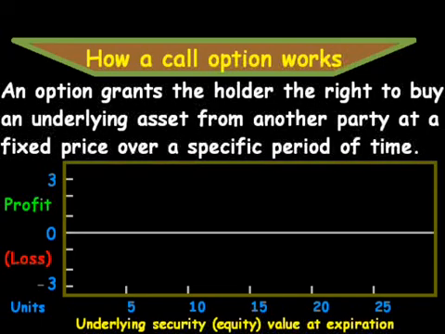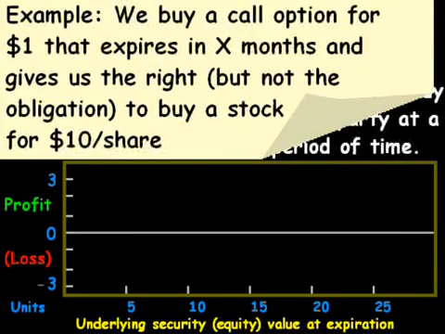We're going to start with an example, and since we're doing call options, in this example we buy a call option for $1 that expires in, we'll say, X months. It could be any number, and it gives us the right but not the obligation to buy stock for $10 a share.